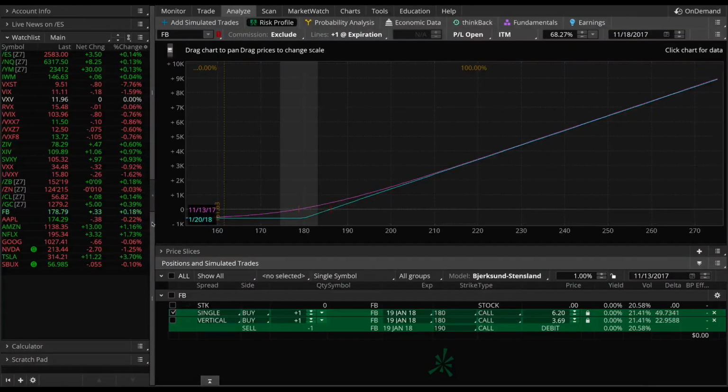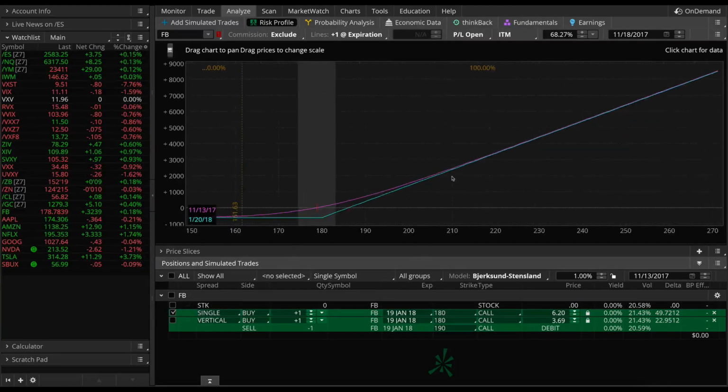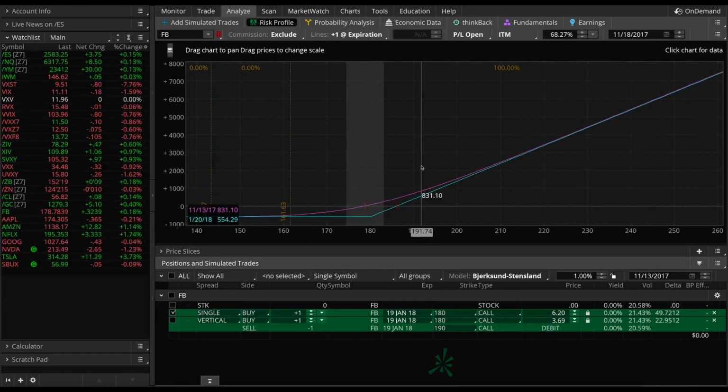All right, so now I'm at the risk profile page, and I'm looking at only this long call option, which is buying the 180 call that expires in January of 2018 on Facebook. As you can see here, the entry price is $6.20. So let's start with the maximum loss potential. When you buy a call option, the maximum amount that you can lose is the premium that you pay times $100 times the number of contracts.